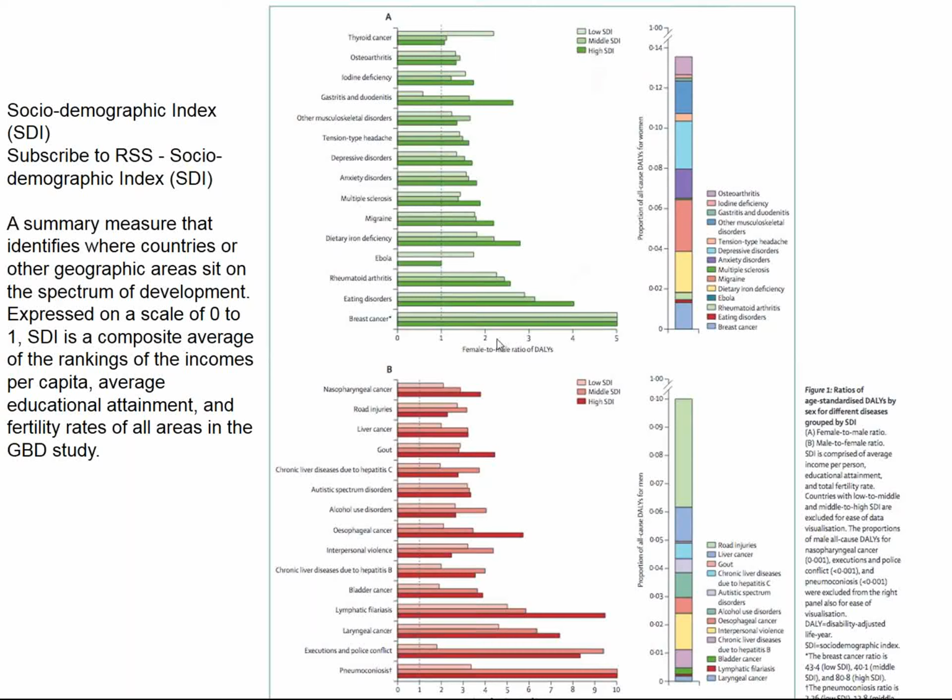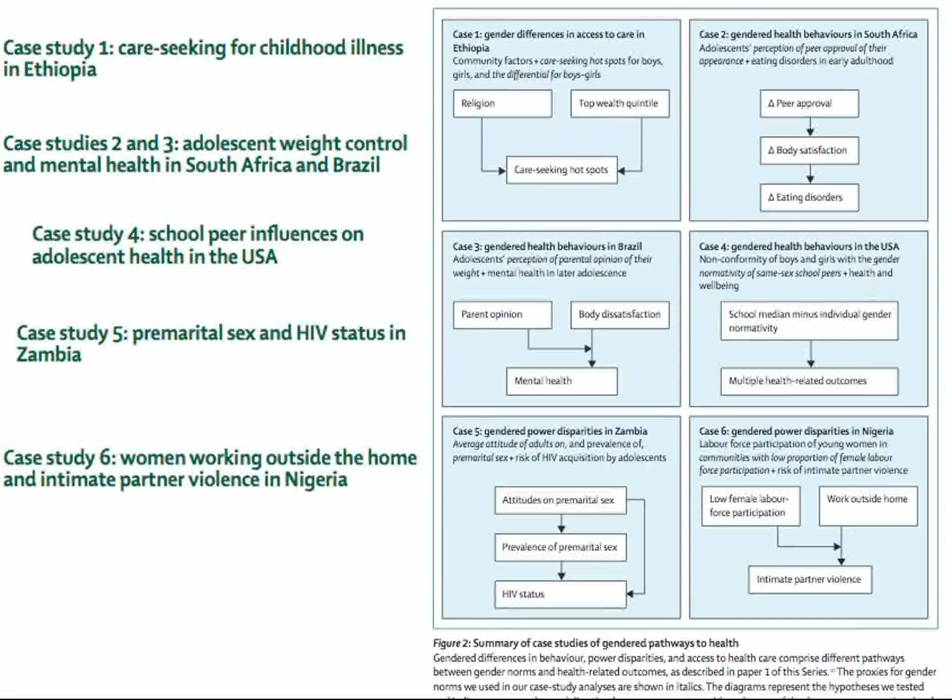High SDI is in dark green. And for all these disease conditions, there's not much difference. And for these various disease conditions, I was also impressed that there is not much difference. So gender inequality affects women whether they're poor or wealthy.